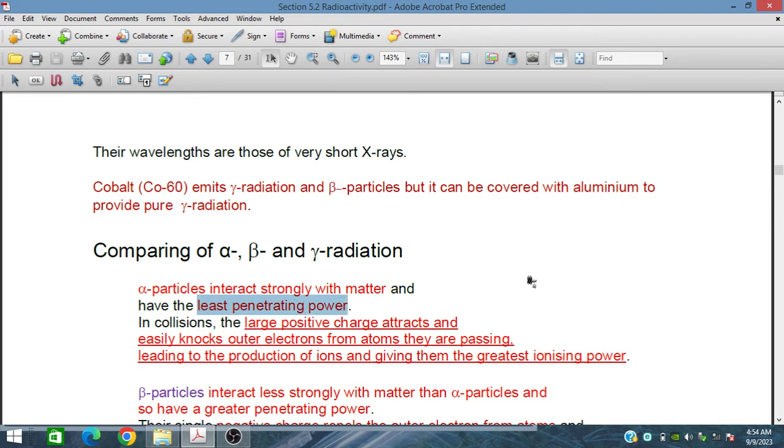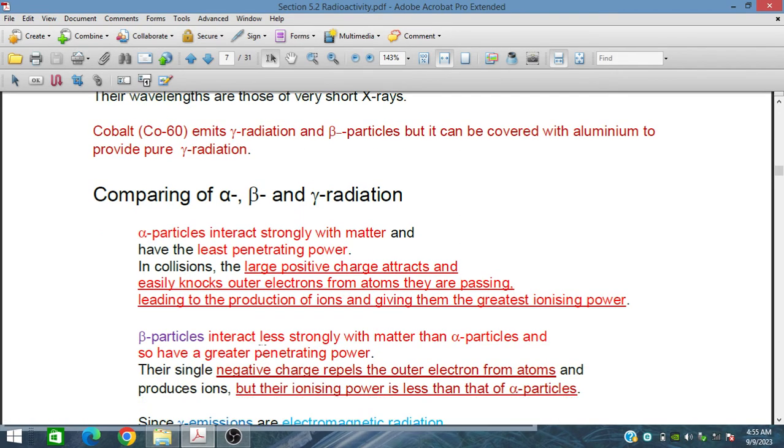Their range is very small; even a thick sheet of paper can stop them. In collisions, the large positive charge attracts and easily knocks outer electrons from the atoms they pass, leading to the production of ions and giving them the greatest ionizing power. So alpha particles have the greatest ionizing power, but their penetrating power is very least. Even a thick paper can stop it.